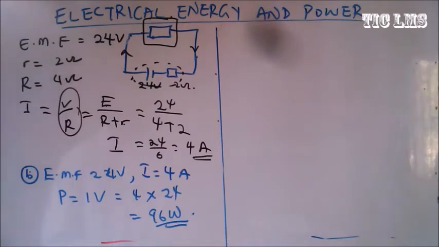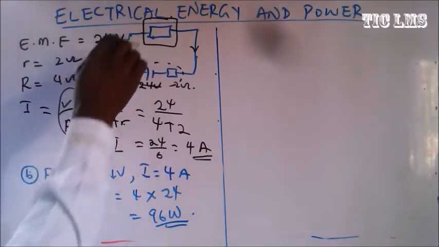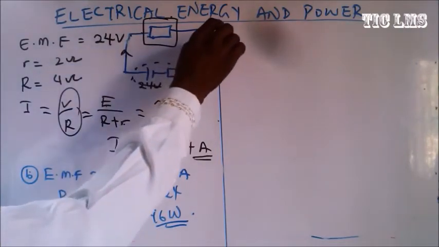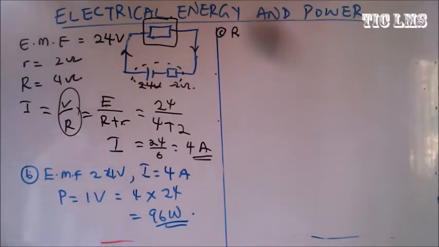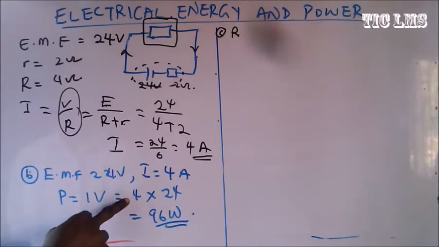C says calculate the power output of the heater. If you are to get the power output of the heater, we are going to make use of only the R, only the resistance of the resistor in this case, which is unlike B, because in B here we are using the capital R and the small r.